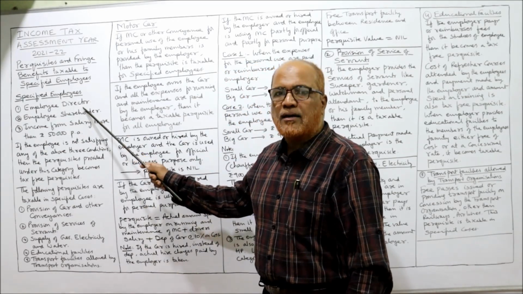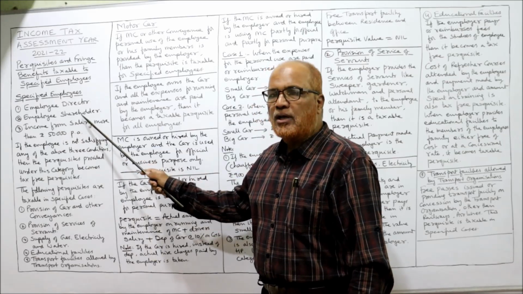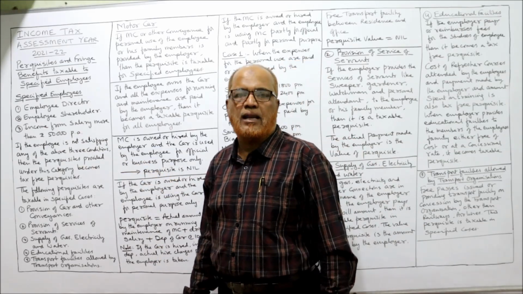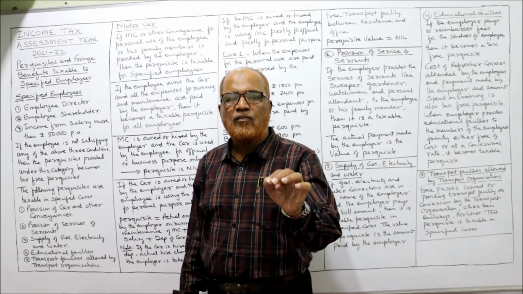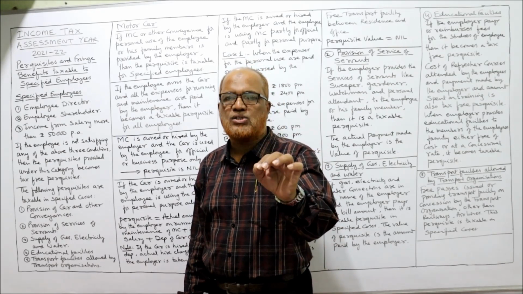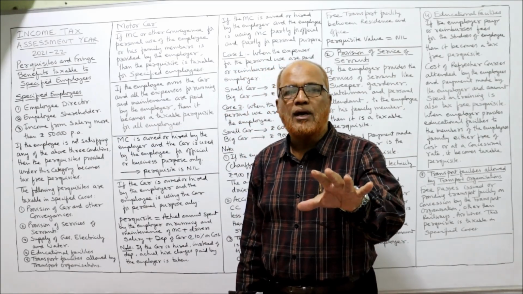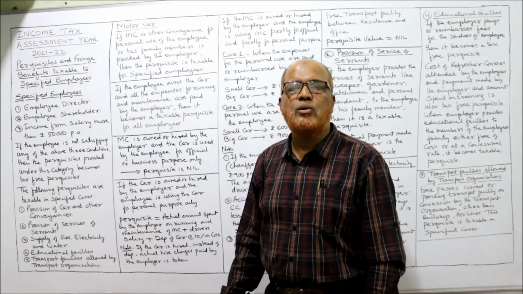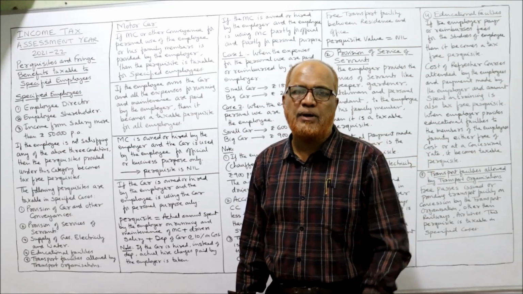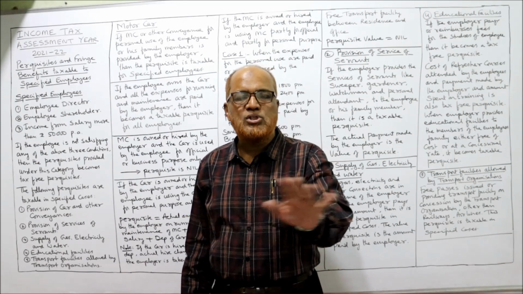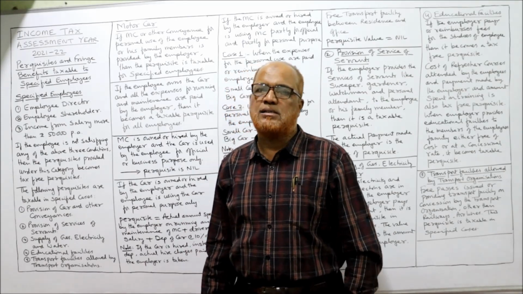First, employee director; second, employee shareholder; third, income from salary more than 50,000 rupees per annum. If any one of these 3 conditions is satisfied, then the employee will be called a specified employee and the following perquisites will be taxable. Otherwise, they will not be taxable. If no conditions are fulfilled, then the perquisite is not at all taxable.